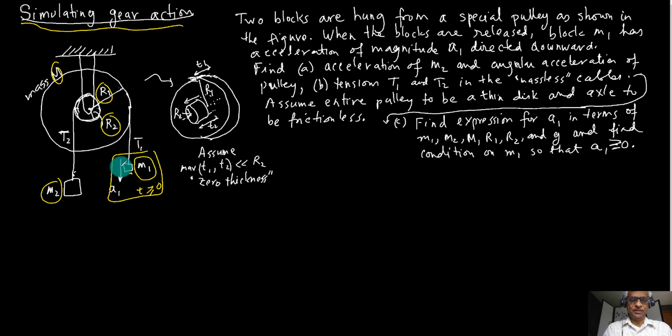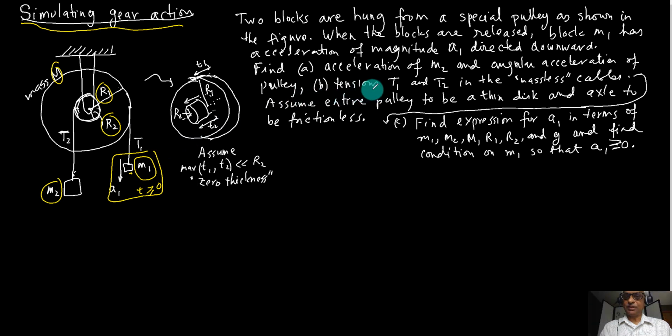This acceleration is pointed downward. That's what we want. So this can be lifted. Imagine this is a large mass you're trying to lift. So you want to find out what kind of mass you need.